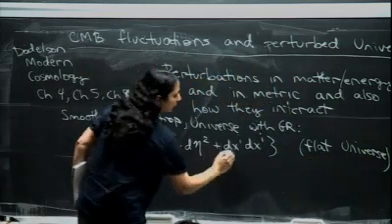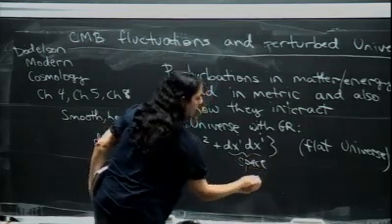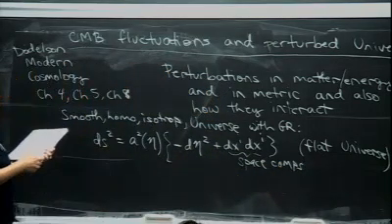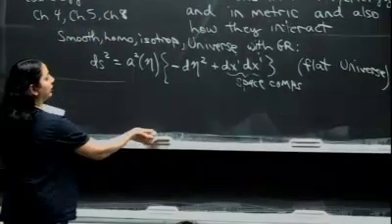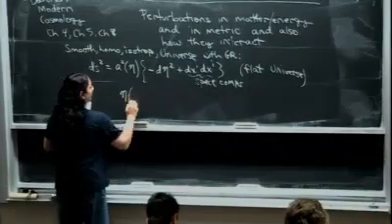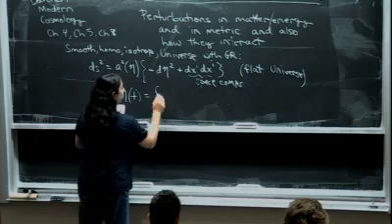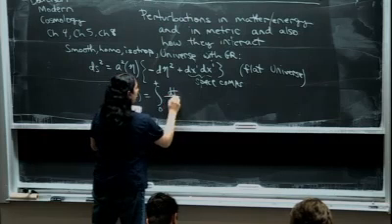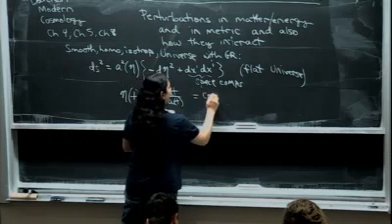These would be my space components. And this eta that I've introduced is different from my baryon to photon ratio; it's just convention that people call it eta. It is called conformal time, and it's defined like this.